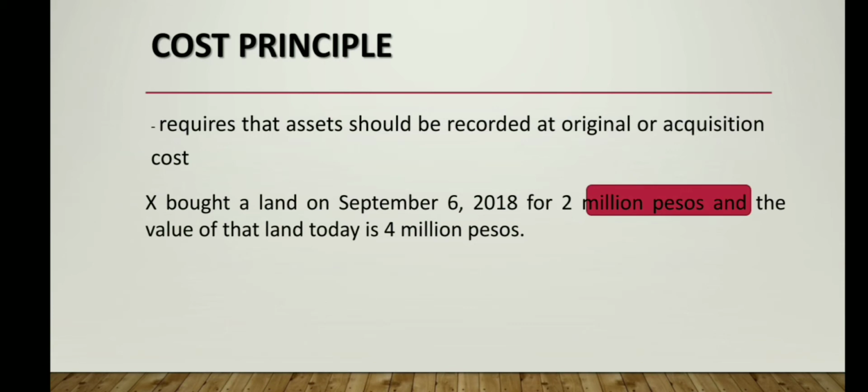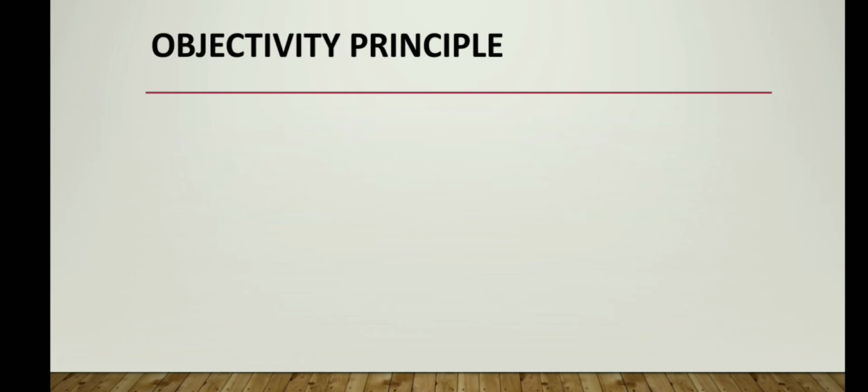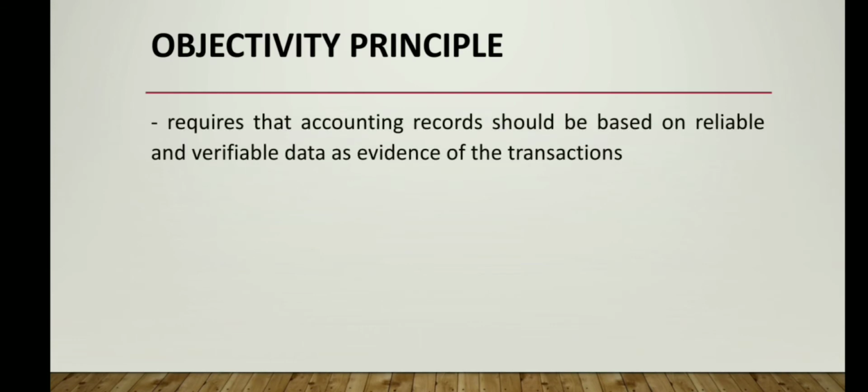The second principle is the objectivity principle. So this principle requires that the accounting records should be based on reliable and verifiable data as evidence of transactions. Okay. So before recording a transaction, you need to check first if there is a reliable and verifiable evidence that supports the transaction.